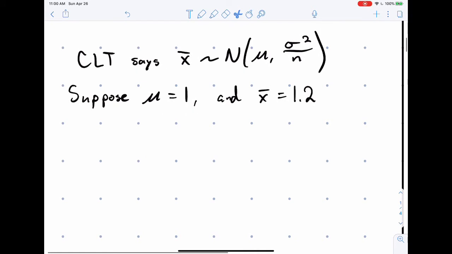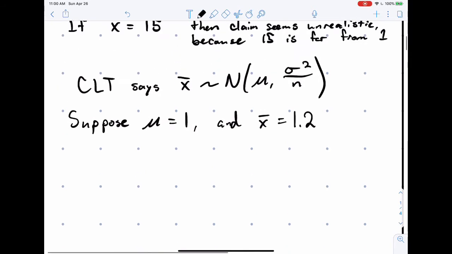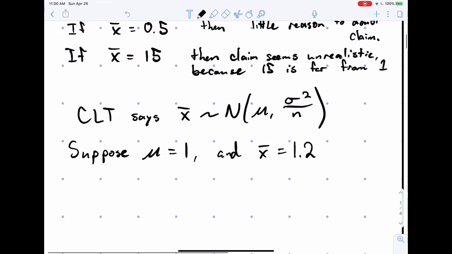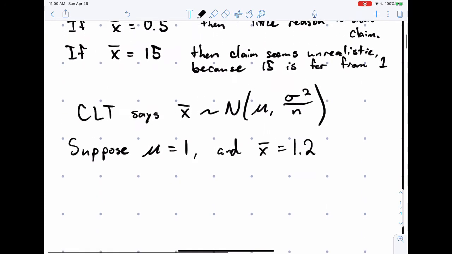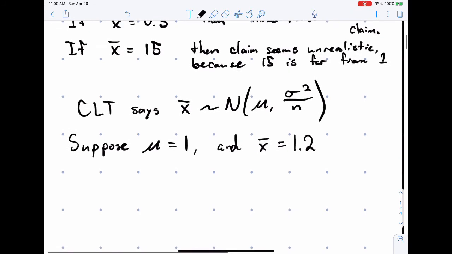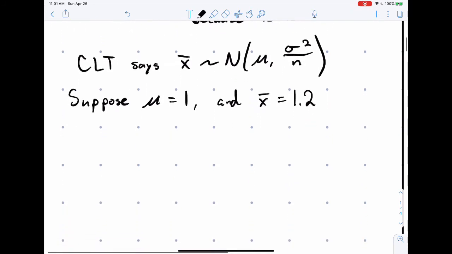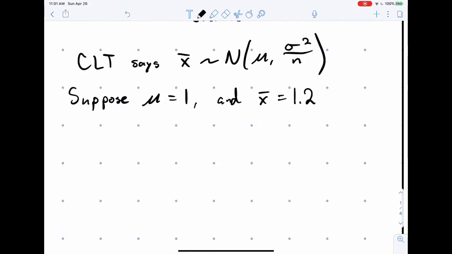Suppose then that the mean is 1, and the x bar, the value that you actually observed, is 1.2. Now it's not so clear whether the claim is true or not. Is this value very unrealistic or not?